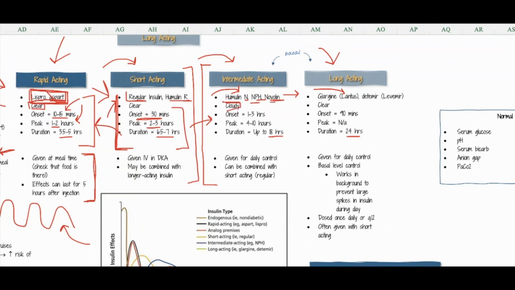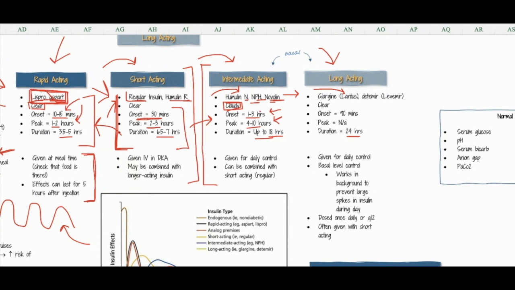This is your cloudy one. Onset in 1 to 3 hours, peaks 4 to 10 hours, up to 18 hours duration. Again, these numbers are quite big. When you see these, it's not going to be a short acting or a regular acting, because your short and regular are going to kick in within 30 minutes tops.